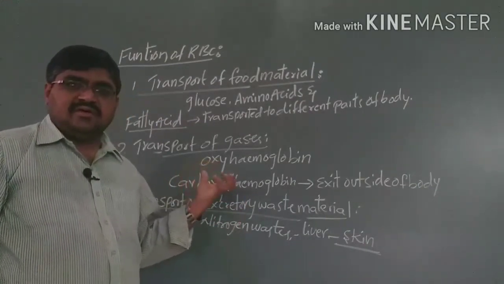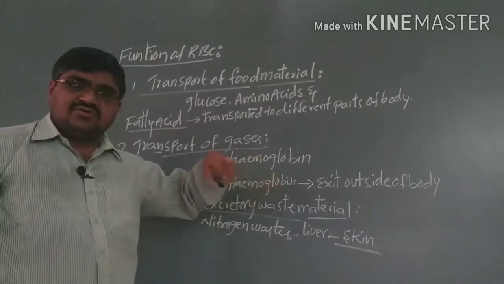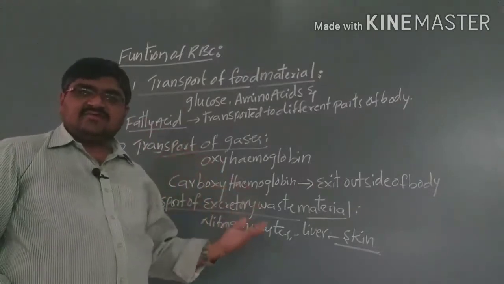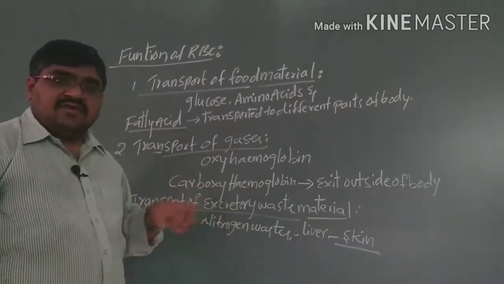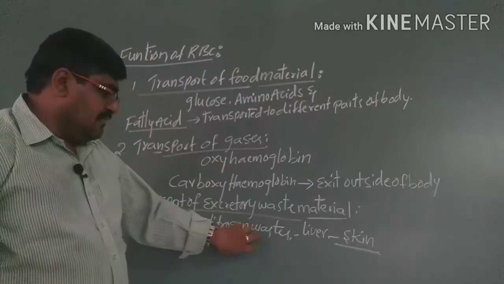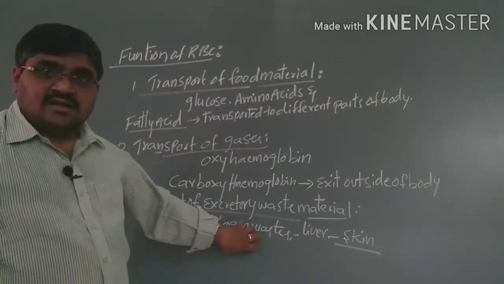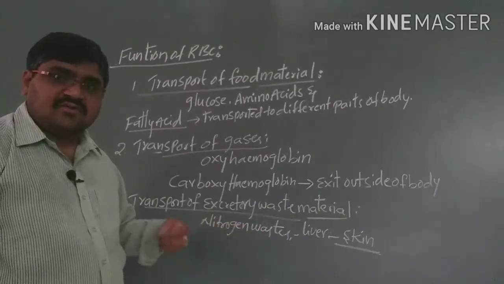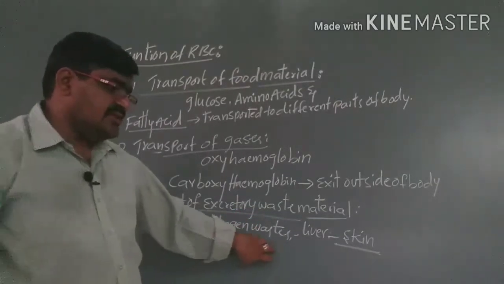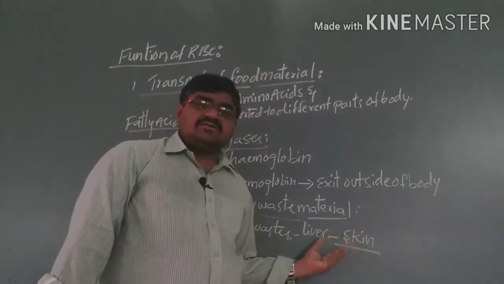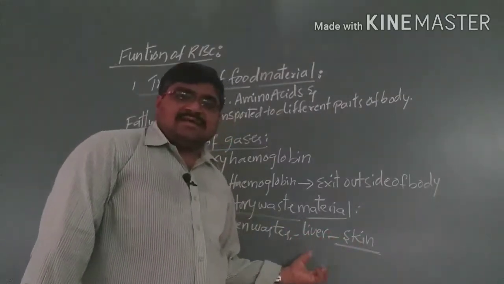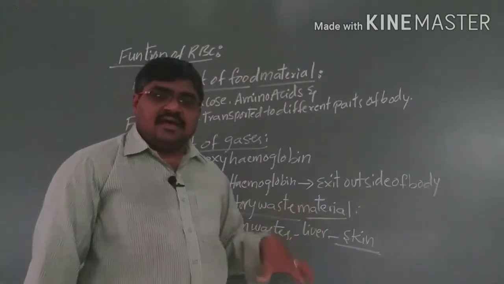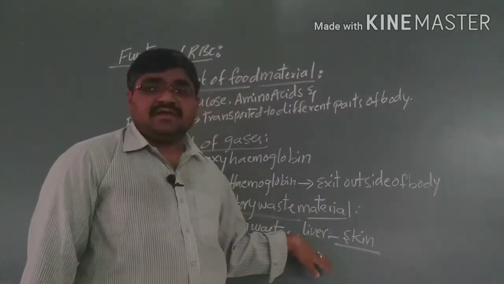It is carried from the tissues to the lungs, where it is secreted outside through the lungs. The waste materials are also carried to the kidneys and eliminated outside the body through the kidneys.